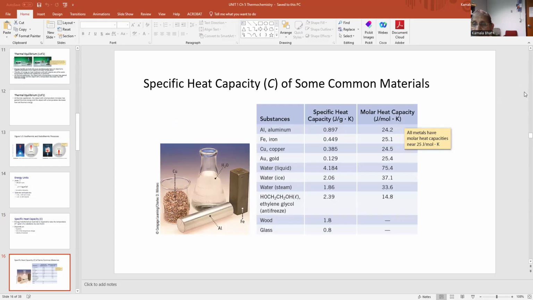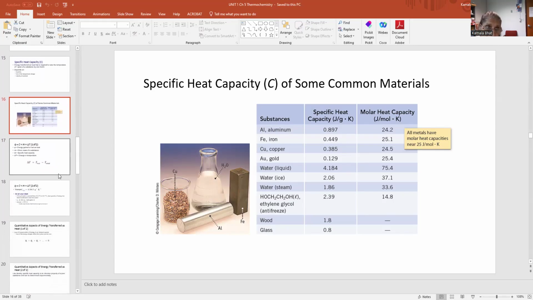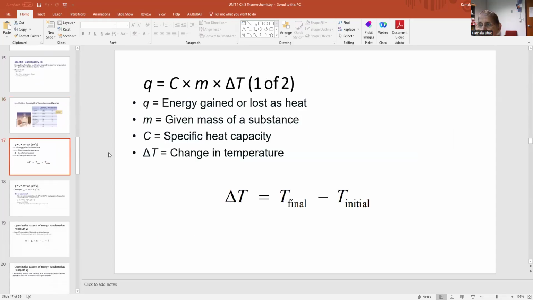Almost all metallic heat conductors have very low specific heat compared to water, which has a very high specific heat. And the property of water having a high specific heat is very good because it helps us not to overheat, because it takes 540 joules to change 1 gram of water to vapor.